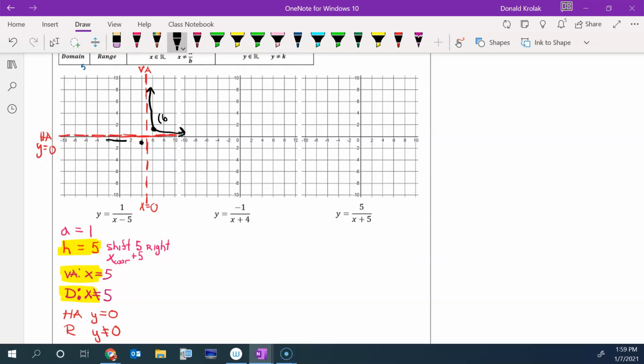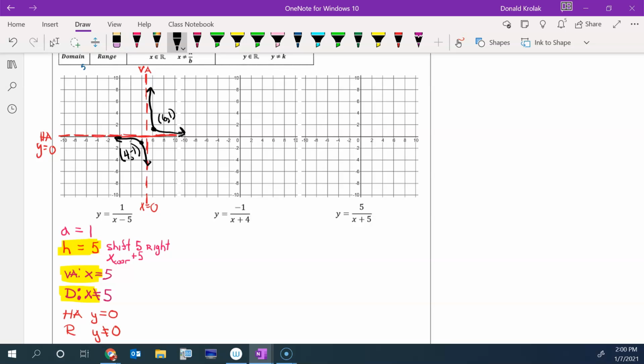And then you put the dimensions on there. That guy's 6, 1. And this one is 4, negative 1. Without those points, guys, you lose points. You got to be sure that you're labeling.